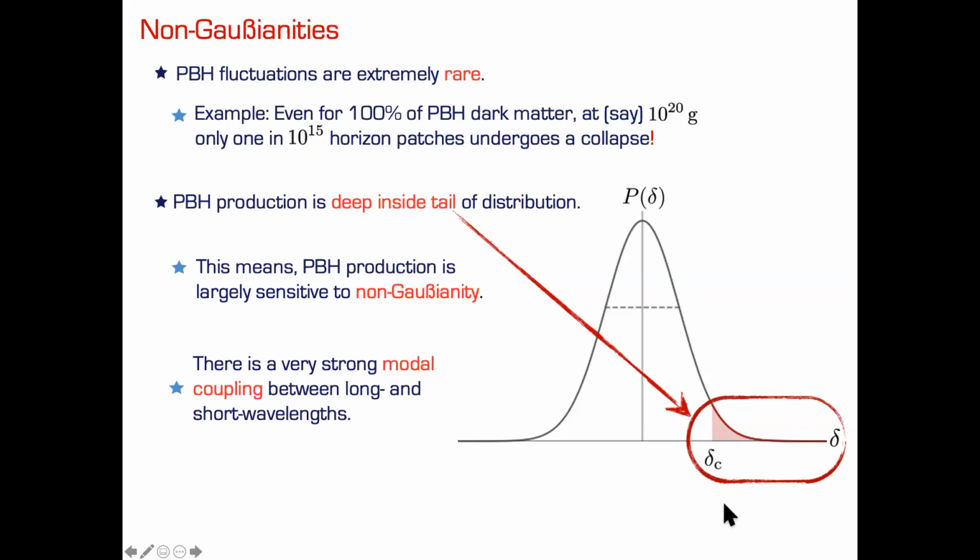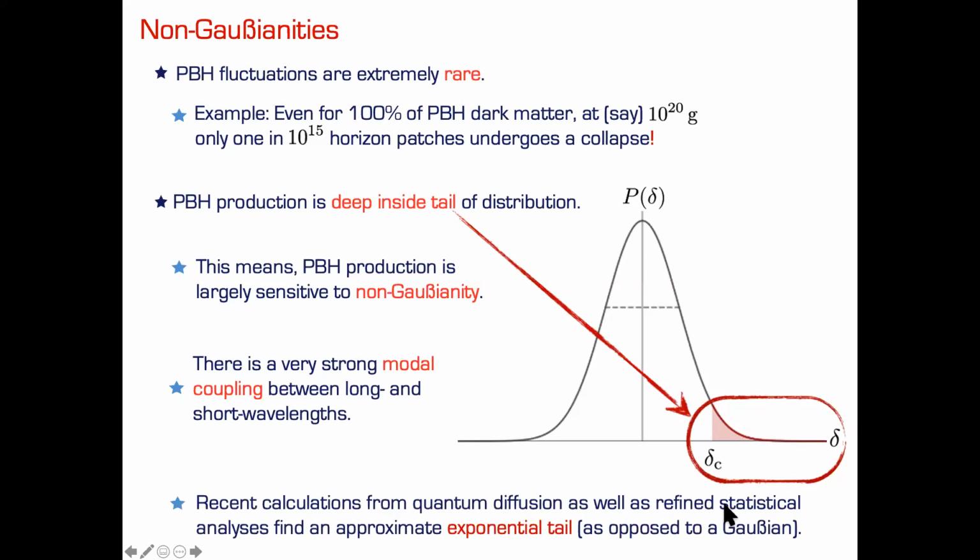Basically, some models can be excluded by causing CMB fluctuations which you don't observe. So some models that have non-Gaussian pieces could have been excluded by this feedback effect, this nonlinear mode coupling. And recent papers which use quantum diffusion, this reformulation of all the quantum effects, and also statistical analyses, a whole field often used in insurance, the rare event statistics.